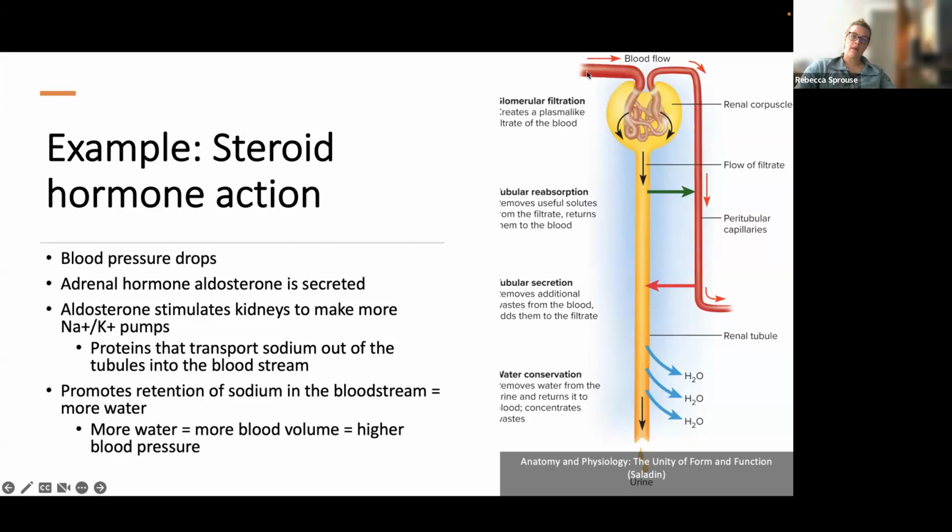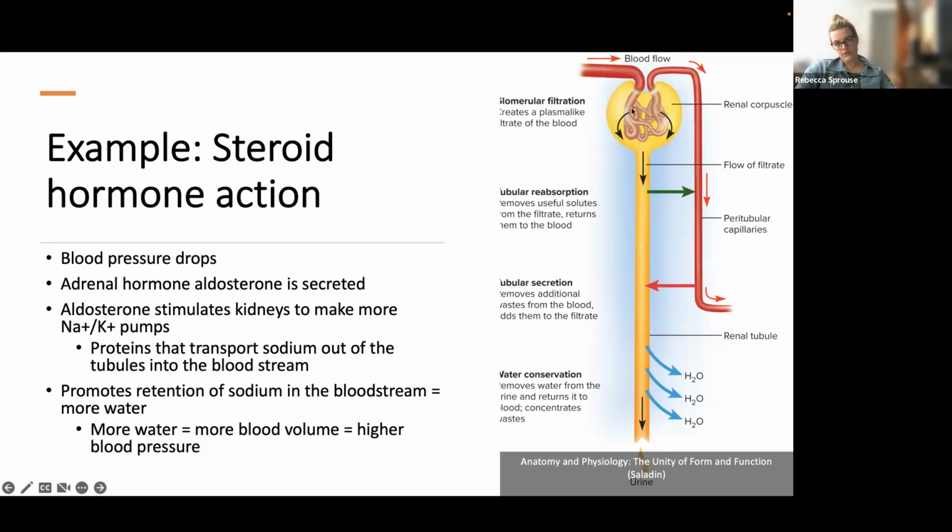But naturally, what happens here as blood flows into the kidney, sodium leaves the bloodstream. Now, think about this. If sodium's leaving the bloodstream, what other molecule is also following sodium? Water, right? Water follows solutes.